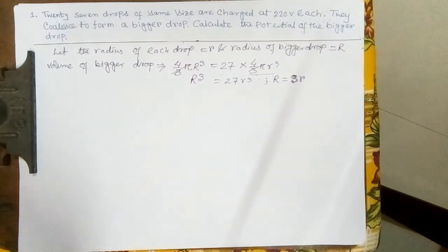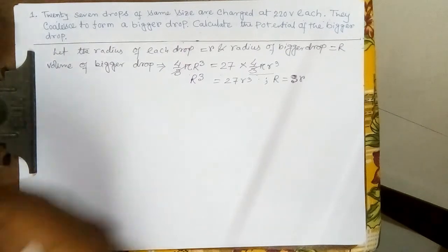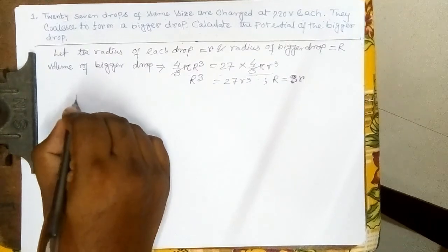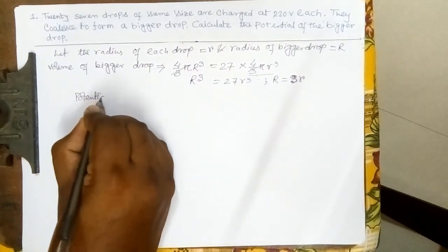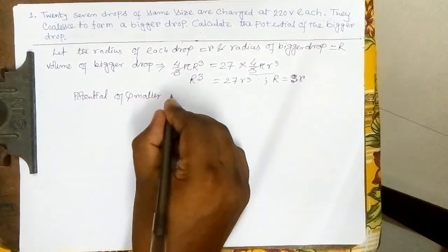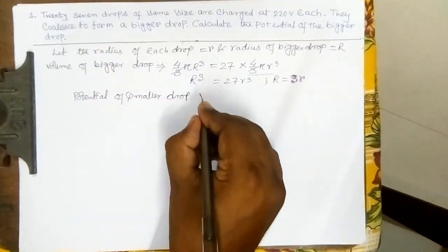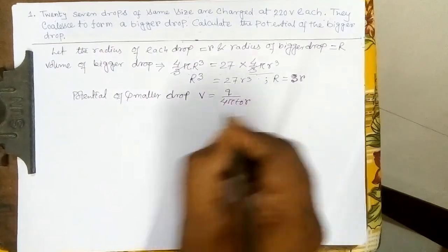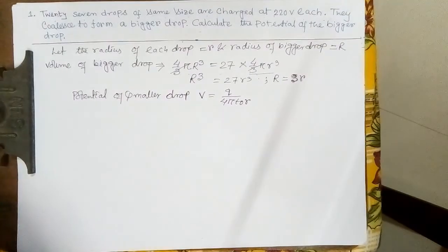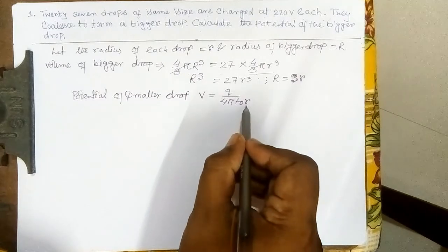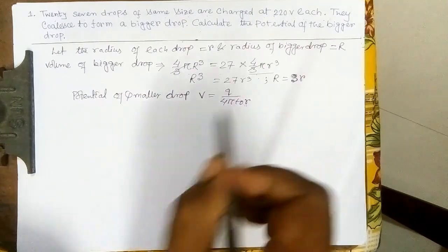Okay, so why have we done this? Because our target is to find the potential of the bigger drop. If I'm talking about the smaller drop, the potential of the smaller drop should be V equals Q by 4 pi epsilon naught r, because for a spherically charged distribution we all know the potential V is Q by 4 pi epsilon naught r, where r is the radius of the sphere.